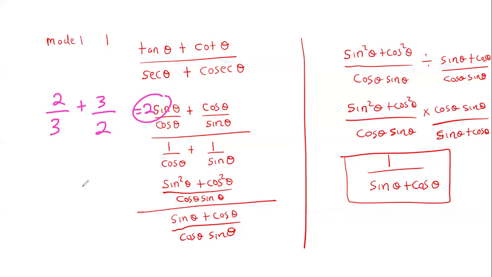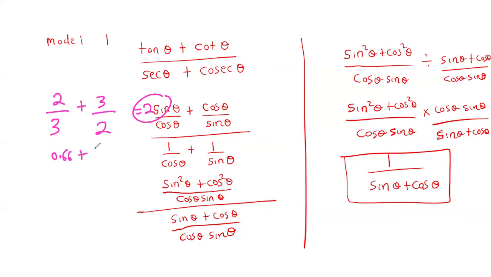Okay, get your calculator. What is 2 divided by 3? 0.66 recurring.